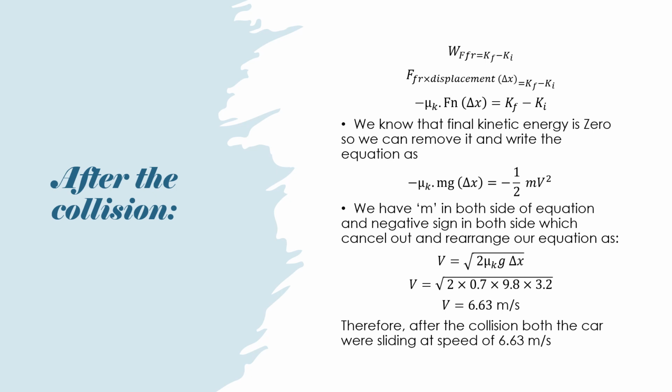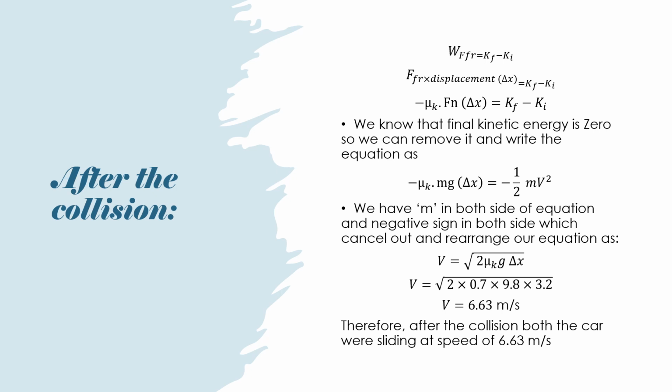And on the other side of the equation, we can break down the normal force into mg, and our equation becomes minus mu k times mg times displacement is equal to minus half m v squared.